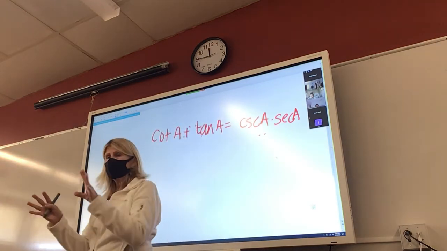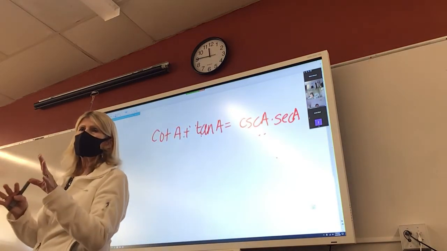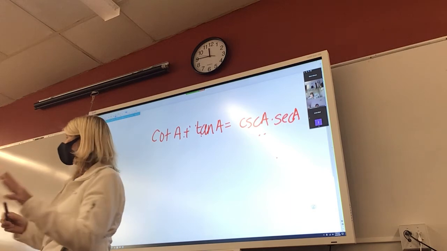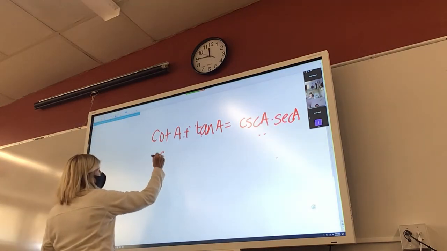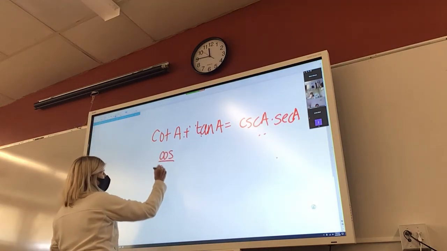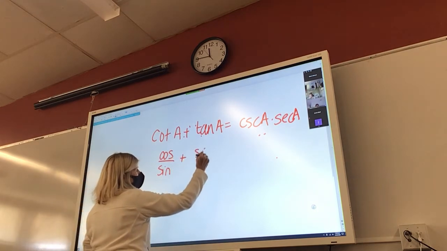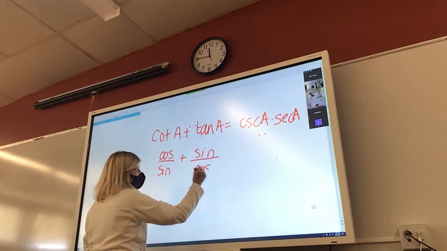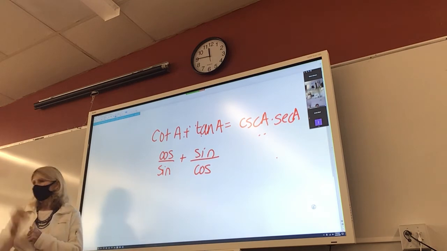There's no squared, so I can't use that thing. So the only thing I do is cosines and sines, correct? So you can say cotangent is cosine over sine, and tangent is sine over cosine. You with me?